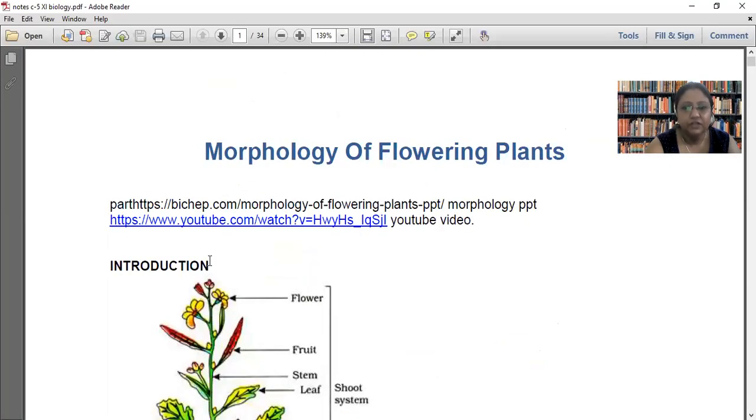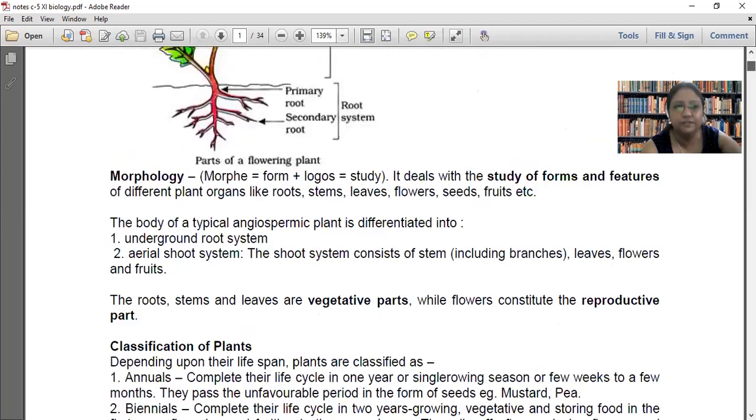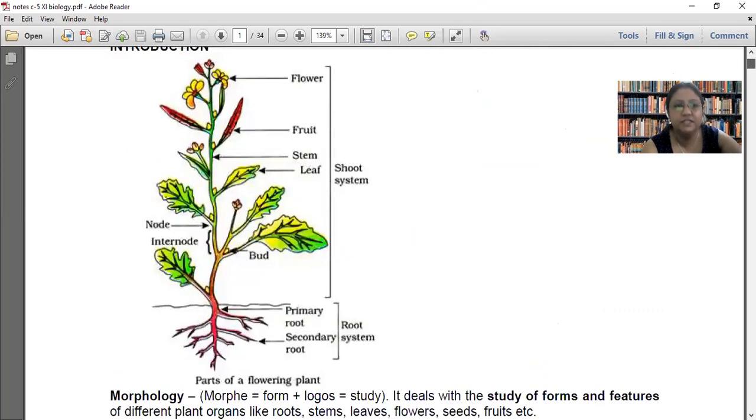In this chapter, we will first start our lecture with the concept of what is morphology. So this is a plant and these are the different parts of a plant. Every plant may have something different about them, but these are the portions which are present in them, irrespective of their variety.